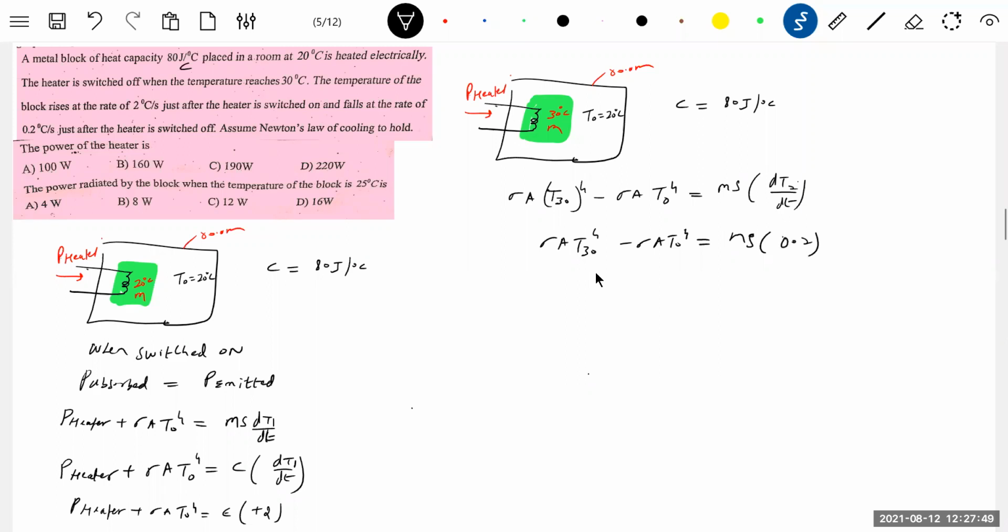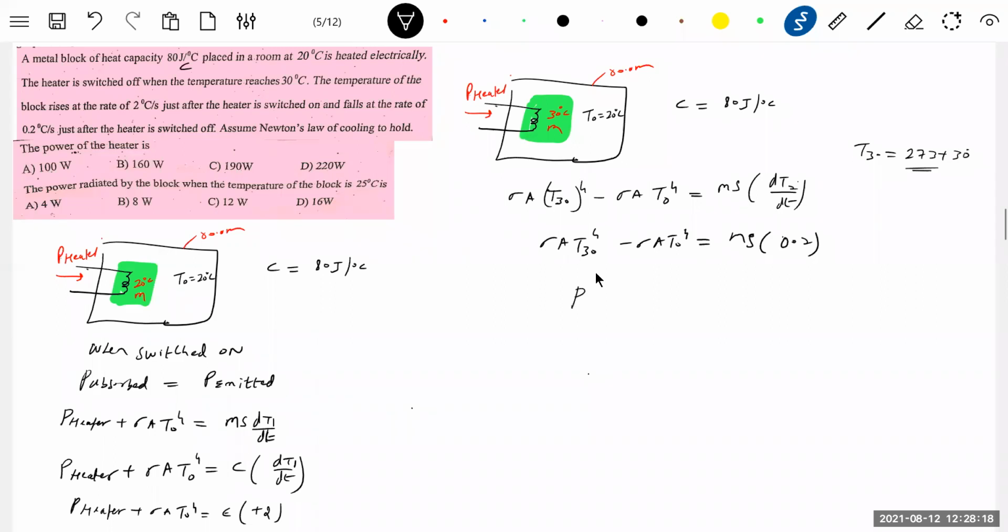From this, sigma A T0 to the power of 4, you can replace here and solve, and you'll get the temperature. T30 you have to convert into Kelvin, 273 plus 30. We don't know that A, that can be eliminated.